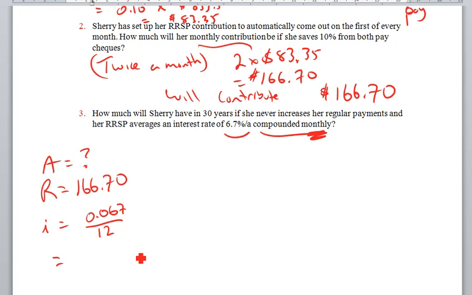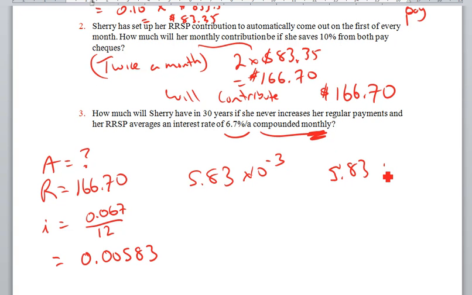Gotta grab my calculator here. 0.067 divided by 12 says 5.83 times 10 to the negative 3 on mine, or some of them will say 5.83e negative 3 on your calculator. It just means the decimal place is in the wrong place. It's called scientific notation. It belongs 3 spaces to the left. Negative means left, so it's here.